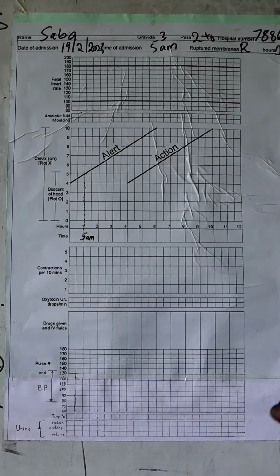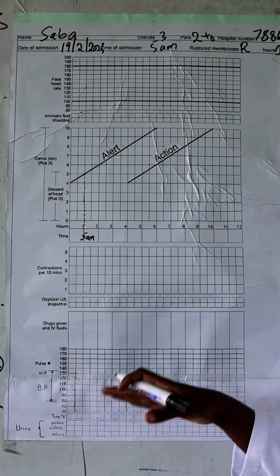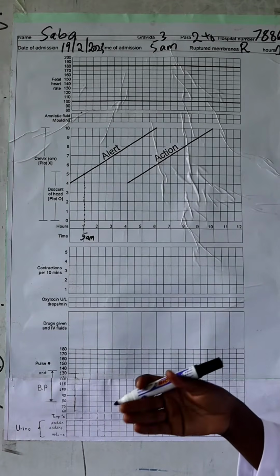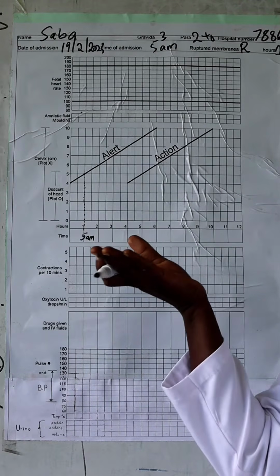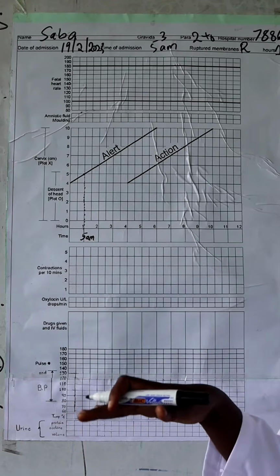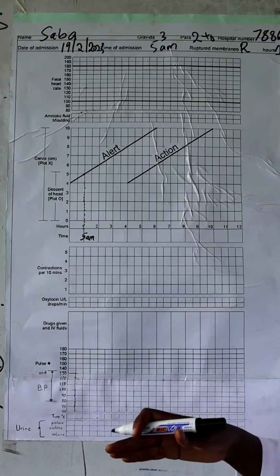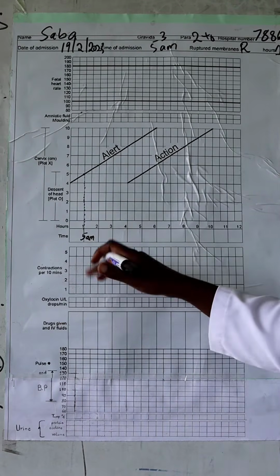Then we are being told that the descent is 3/5 per abdomen. If it is 3/5 per abdomen, then it simply means 3 parts of the fetal presenting part are still not descended, and therefore 2 parts have descended. So this is a descent that is translated to be 2/5 per vagina. So what are we going to indicate here?